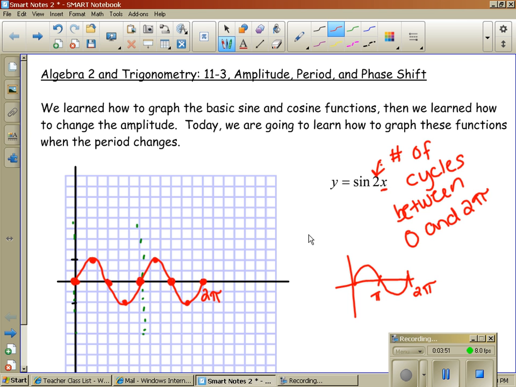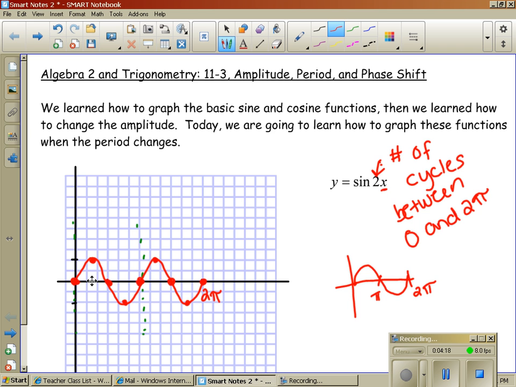The problem with looking on the graph is that we're graphing in radians. We're graphing at pi over 2, pi, 3 pi over 2, 2 pi. And on the calculator, you're going to see 1, 2, 3, 4. So sometimes it's hard to determine at what value this is occurring. This is at pi over 4.